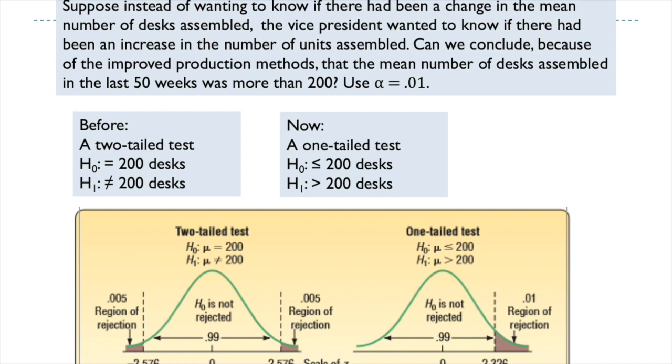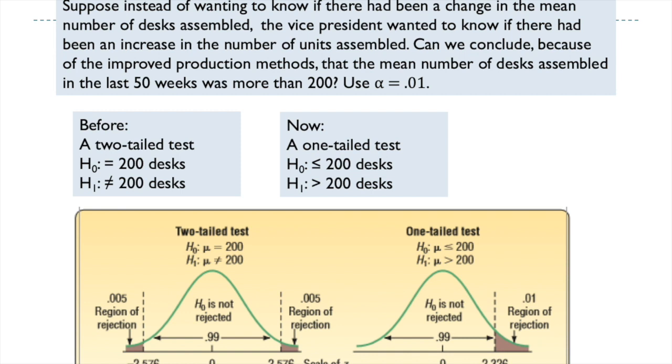Okay. And so again, our two-tailed test was, hey, it's still 200, or hey, it's not. And now we're going to say, for the null hypothesis, are we producing 200 or fewer, or are we assembling more than 200?